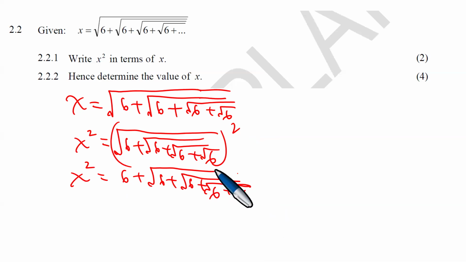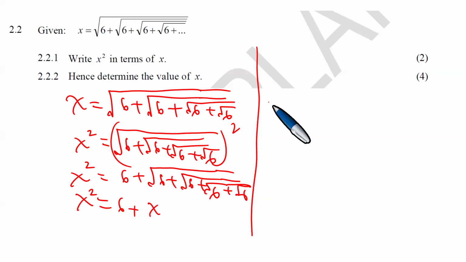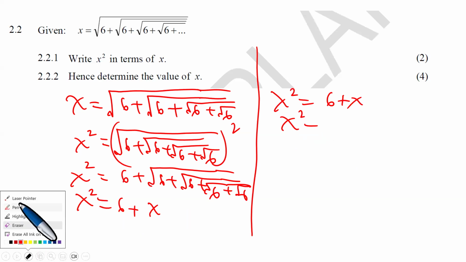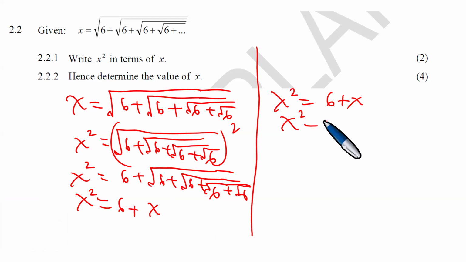So these are like continued radicals, and you have x squared equals 6 plus. Now, the square roots like that are all equal to x. This means x squared is 6 plus x, and this means x squared minus x minus 6 equals 0. Take note of that: x squared minus x minus 6 equals 0.